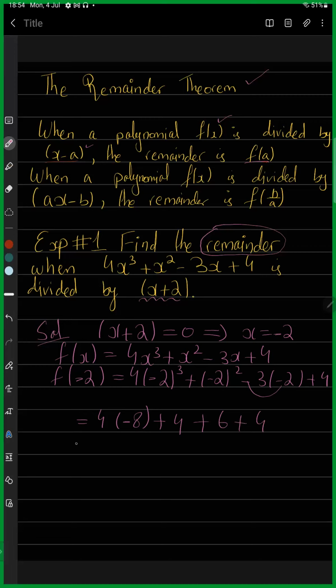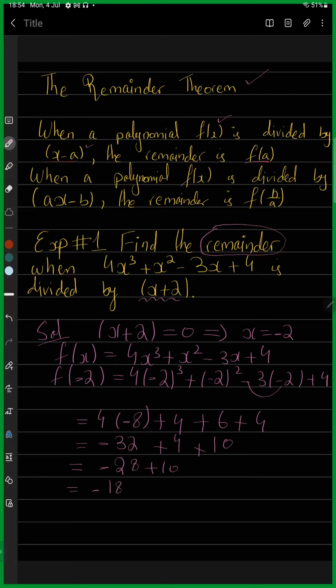This would give you minus 32 plus 4, and then we have plus 10. And after simplification, minus 28 plus 10, and this would give you minus 18.